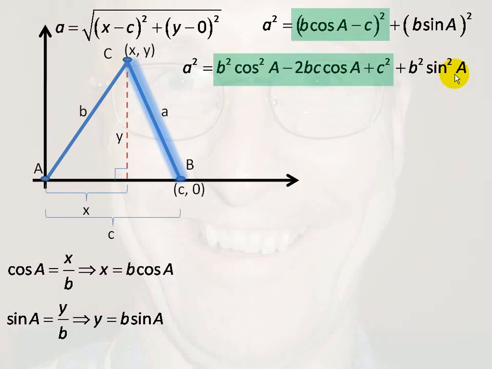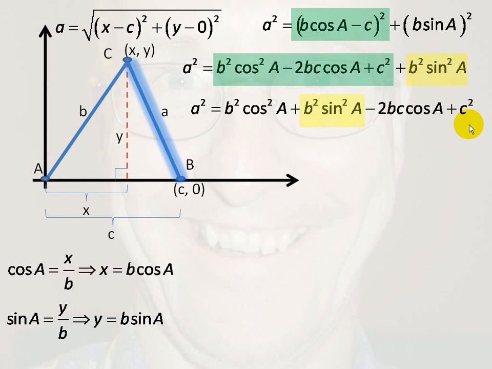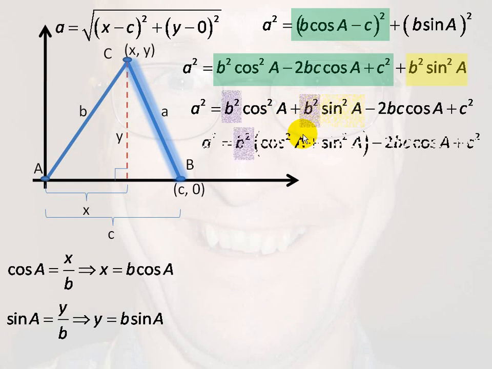Now, I want to simplify this, and I'm going to proceed this way. Recognizing that I have cosine squared here and sine squared here, and I know that if I put those together I get 1: sine squared A plus cosine squared A equals 1. So I'll do a little bit of rearranging, just moving this b squared sine squared A over here with the cosine, and then I'll factor out the b squared, since each one of these has a b squared.